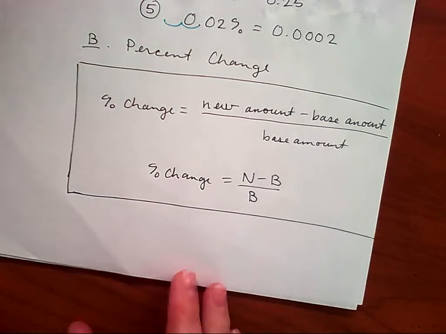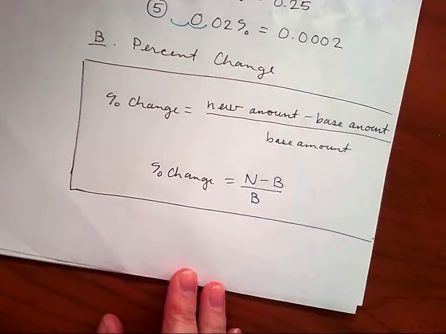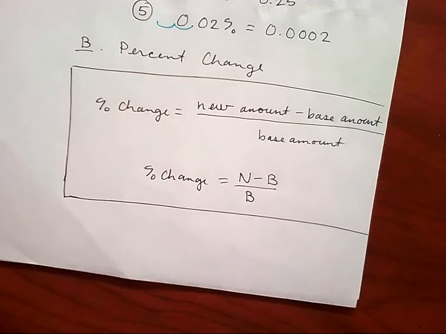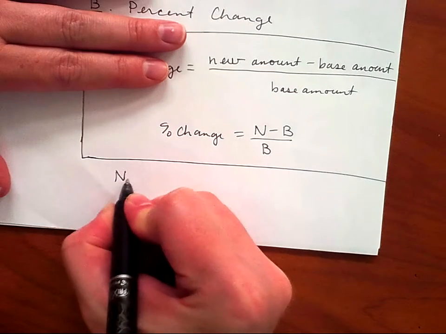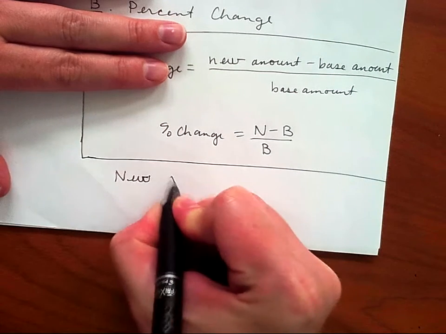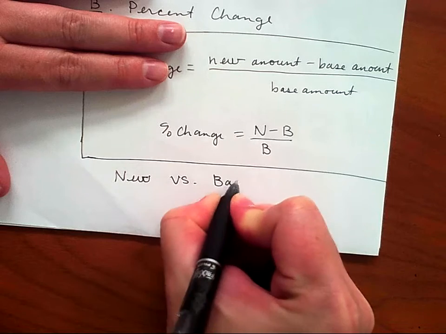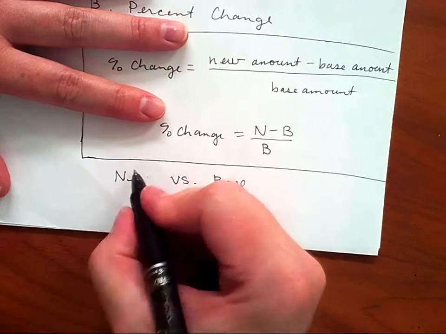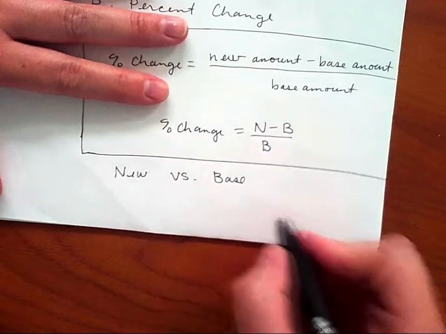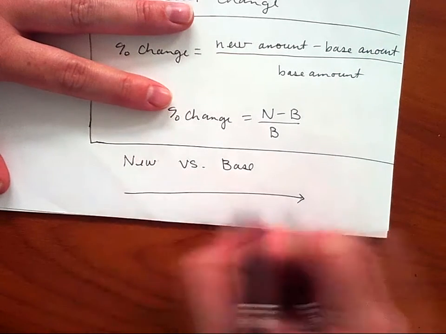Previously when I've taught this section, the thing that some people struggle with is figuring out which is the new amount and which is the base amount. So we're going to look at the new amount versus the base amount in terms of time. Time is linear, right?